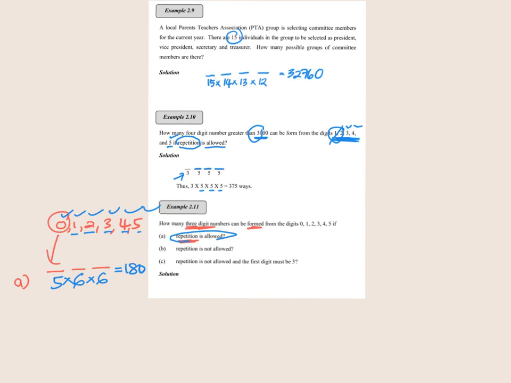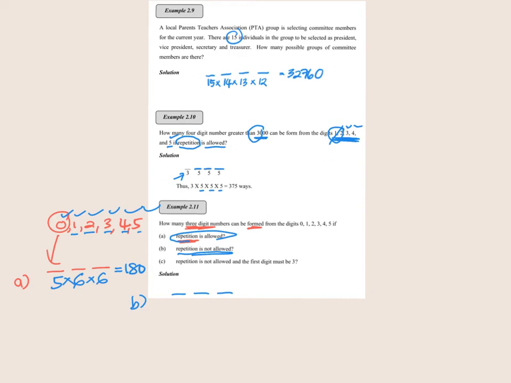For question B, repetition is not allowed. If repetition is not allowed but you still want to form a 3-digit number, so 3 empty spaces, no repetition. Since no repetition, 0 still cannot be used for the first slot.